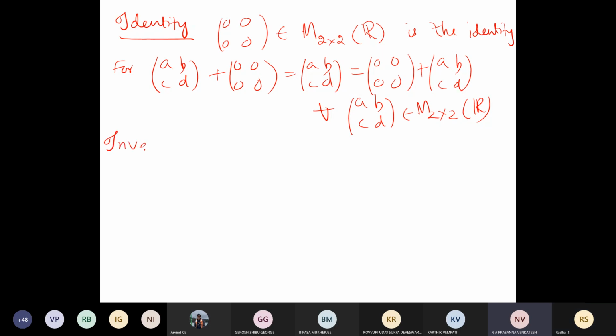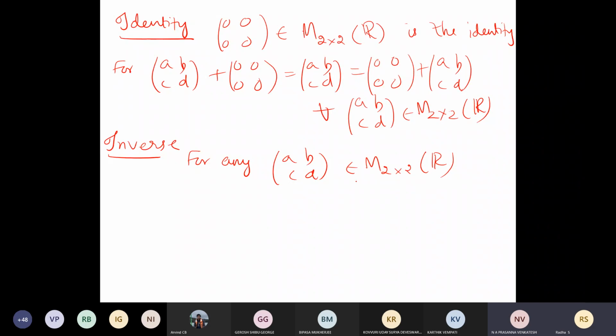Inverse. For any matrix A, B, C, D in M2 cross 2 over R, I need some matrix such that when it is added with this, I get back the identity matrix. So what is that matrix?